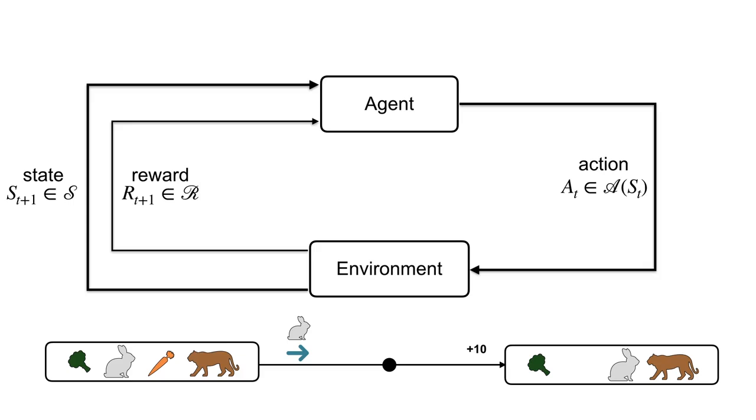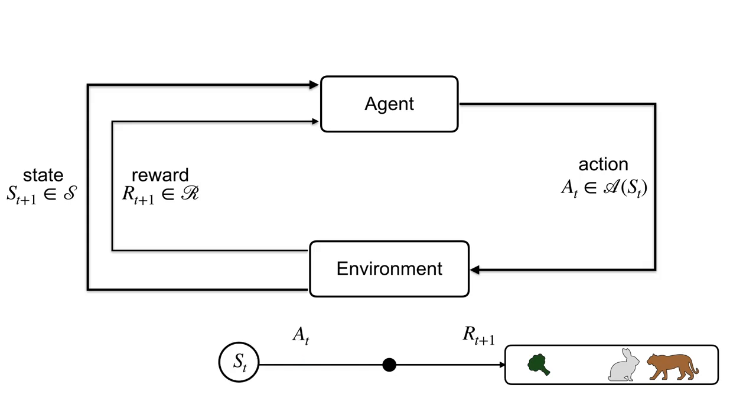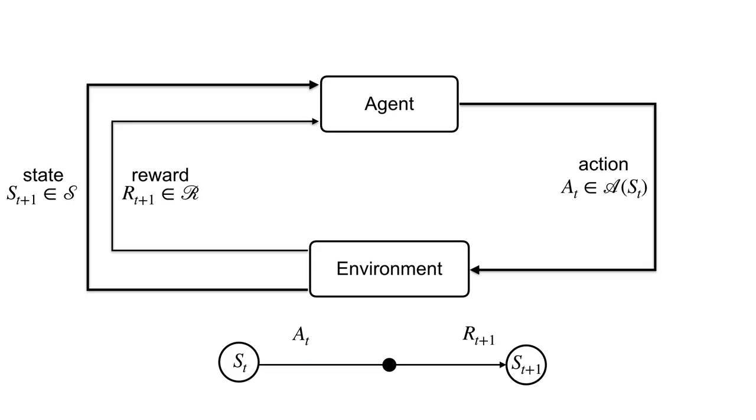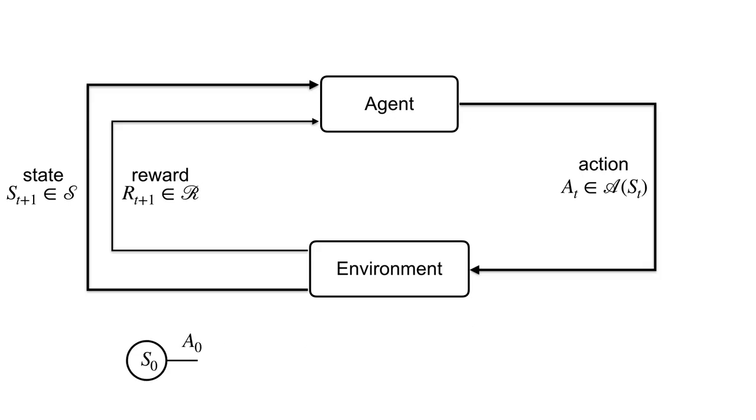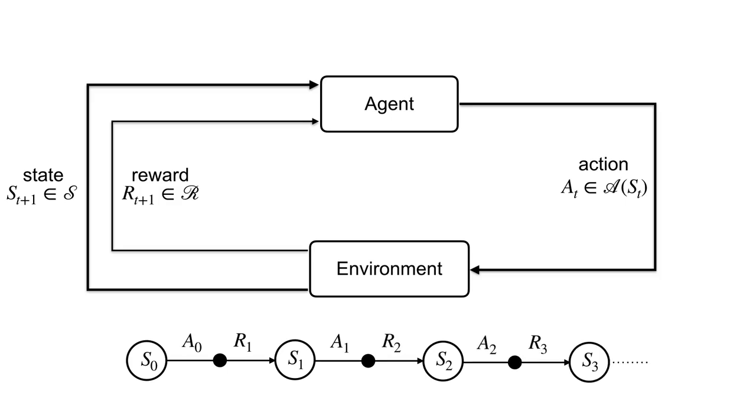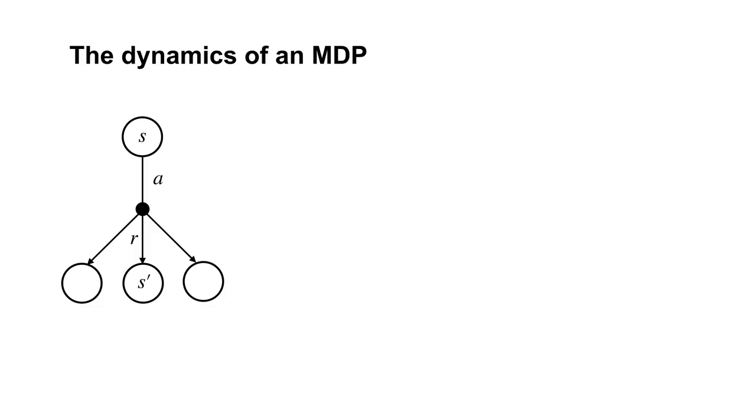This diagram summarizes the agent-environment interaction in the MDP framework. The agent-environment interaction generates a trajectory of experience consisting of states, actions, and rewards. Actions influence immediate rewards as well as future states, and through those, future rewards.